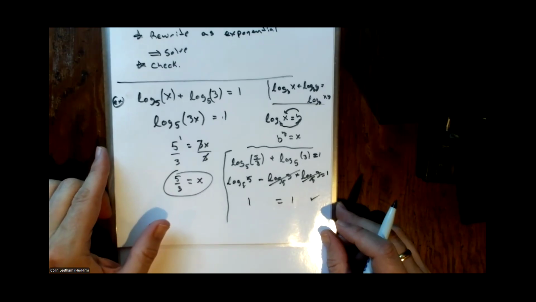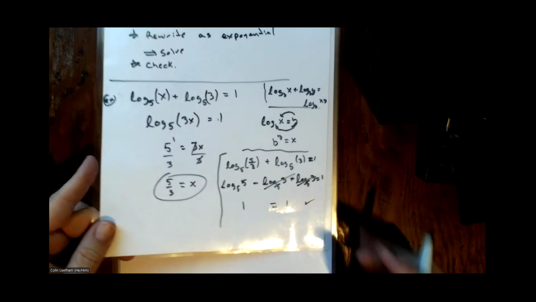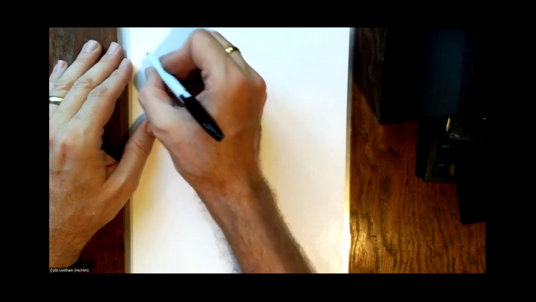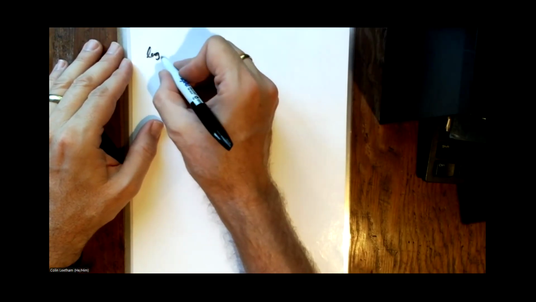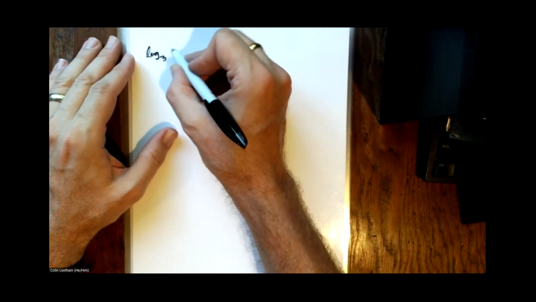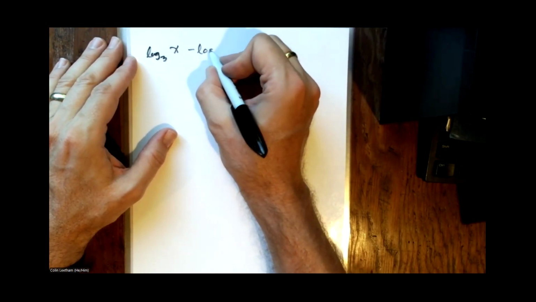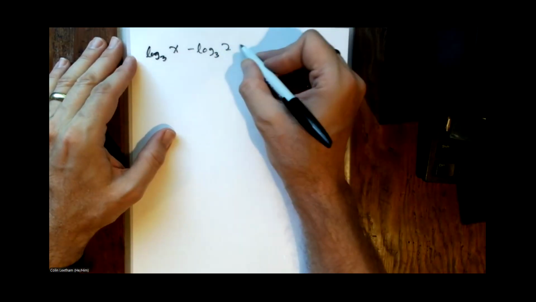All right, let's do it again. Let's give that another try. Let's go ahead and do something like log base 3 of x minus log base 3 of 2, and let's have that equal to 2.